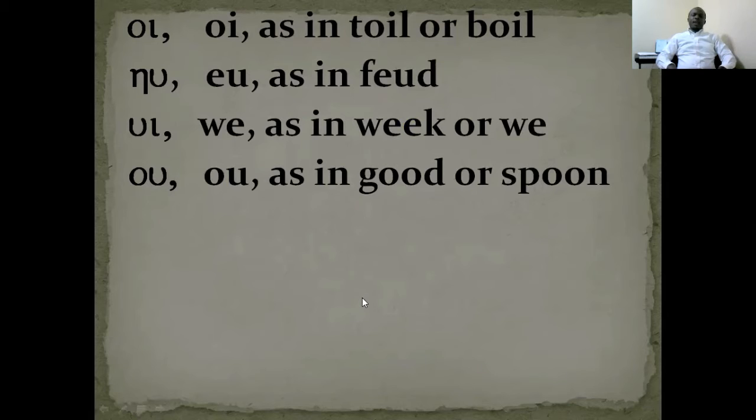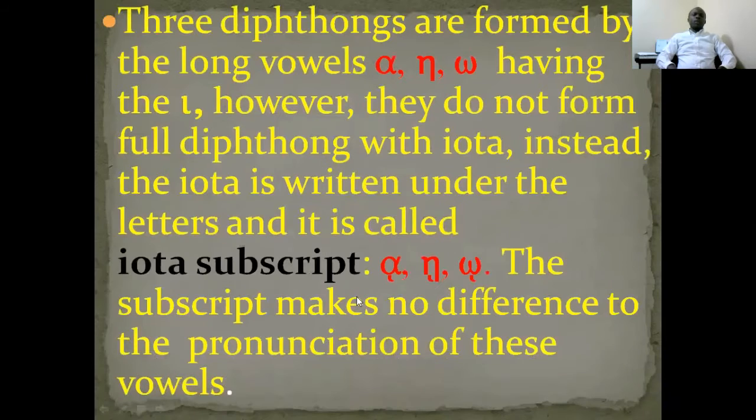Meanwhile, there are these 3 special diphthongs that I want us to look at. 3 diphthongs are formed by the long vowels alpha, eta, and omega, having the iota. However, they do not form full diphthongs with iota. In other words, instead of the iota being written in front of the alpha, the eta, and the omega, the iota is written under the letters and it is called iota subscript.